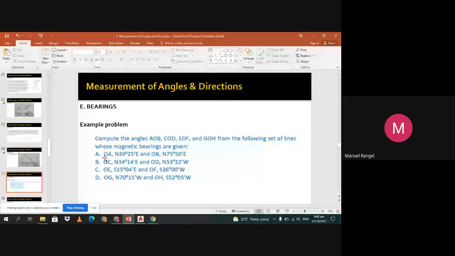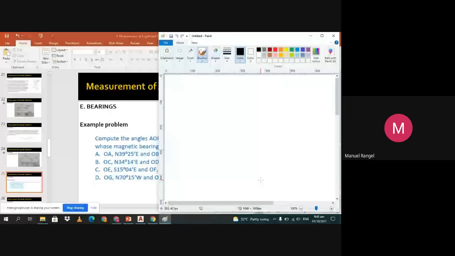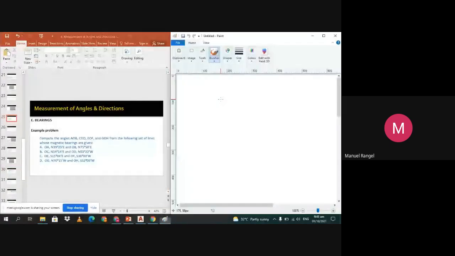So determining the angle, let me draw. So we have the reference point, point O. So assume that this is point O. We have the bearing of line OA.